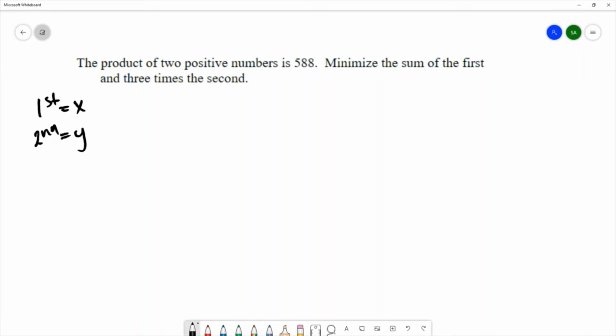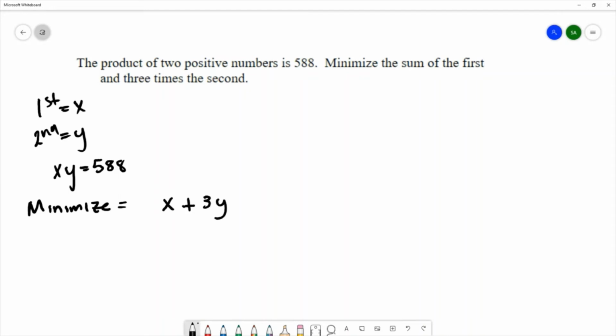And from the first statement, we know that the product of these numbers is 588: xy equals 588. And the expression that we want to minimize is the sum of the first and 3 times the second.